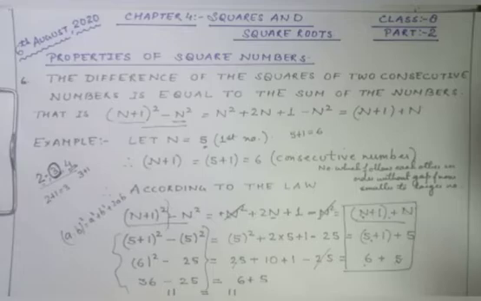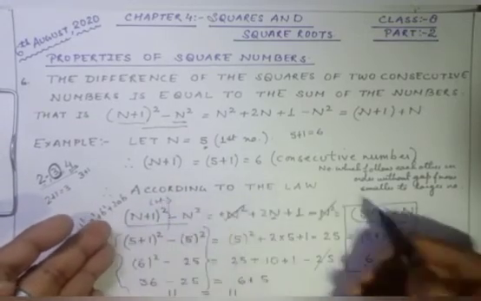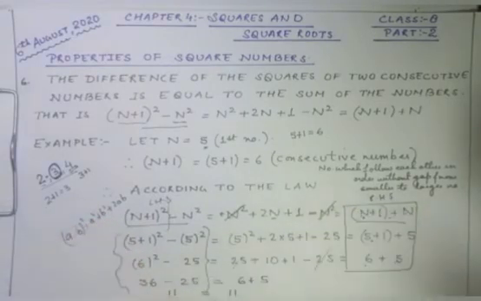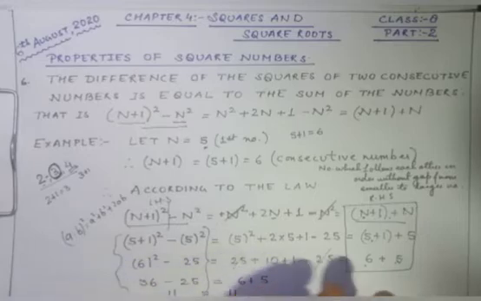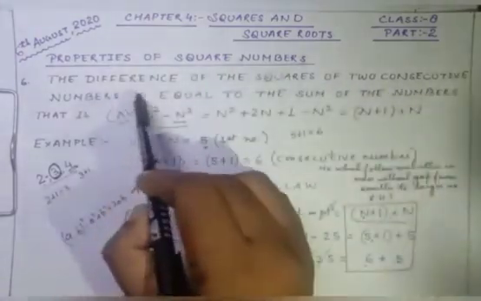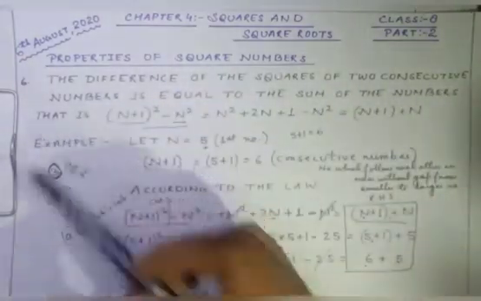Now we have to prove that this is LHS and this is RHS. If LHS and RHS both come out equal, then we can say that the difference of the square of two consecutive numbers is equal to the sum of the numbers.